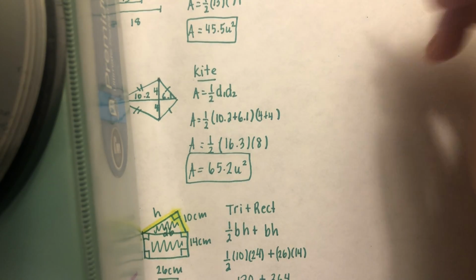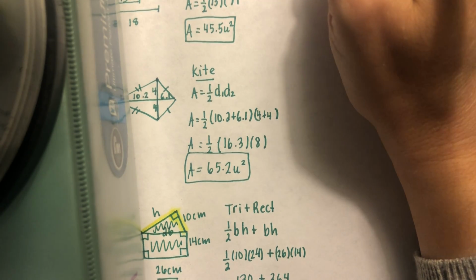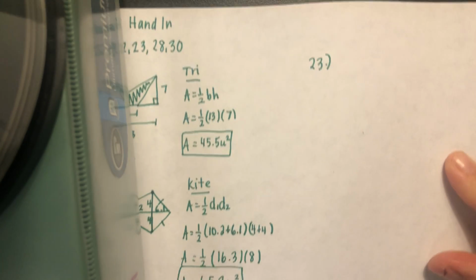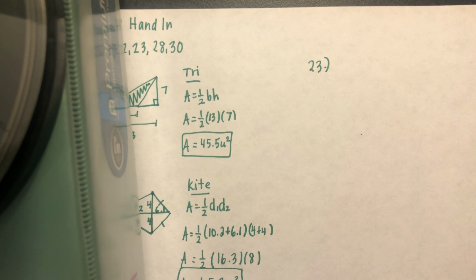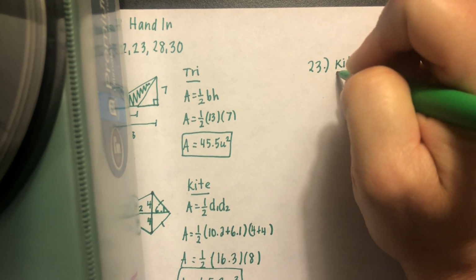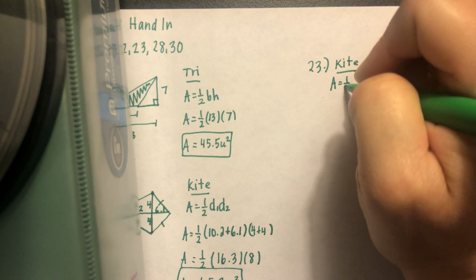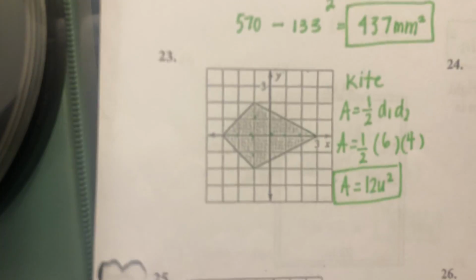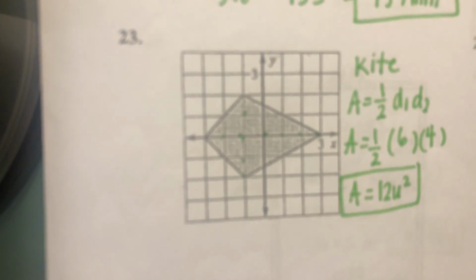All right, let's go back up here. And let's look at number 23. So this one was in a coordinate plane. I'm not going to redraw that for you, but I am going to talk through this. So this is a kite, which means the area is 1/2 d1, d2. And this was in a coordinate plane. I can kind of show you here. You see the picture right there?